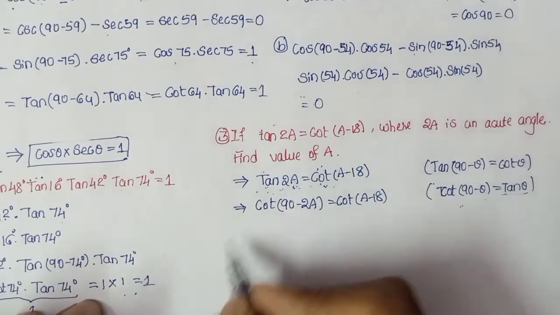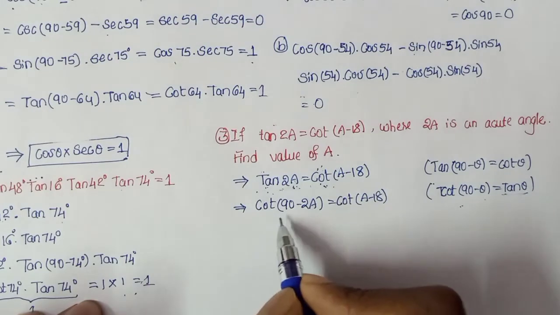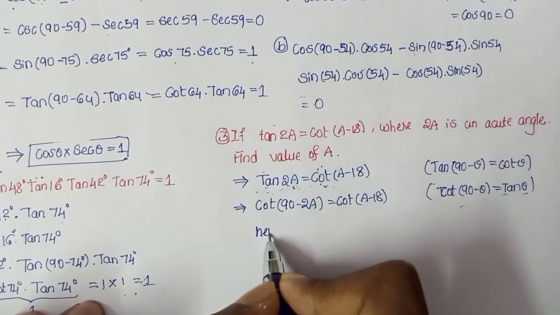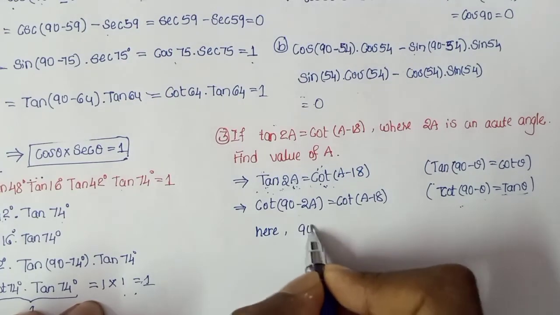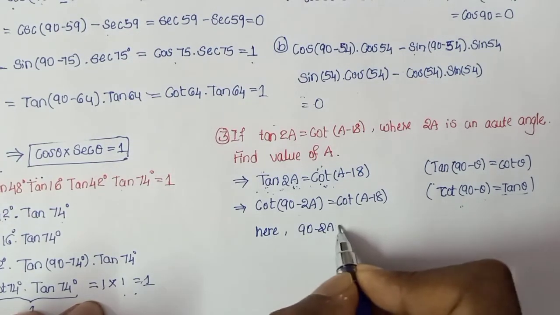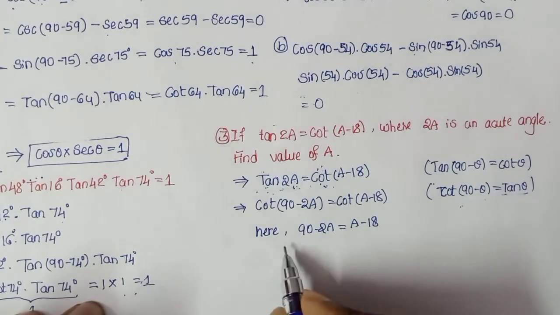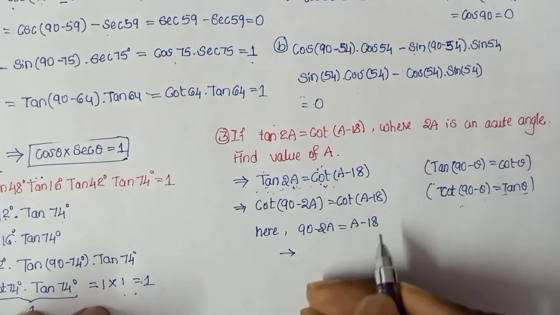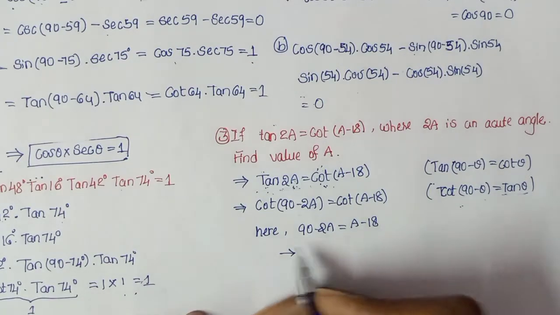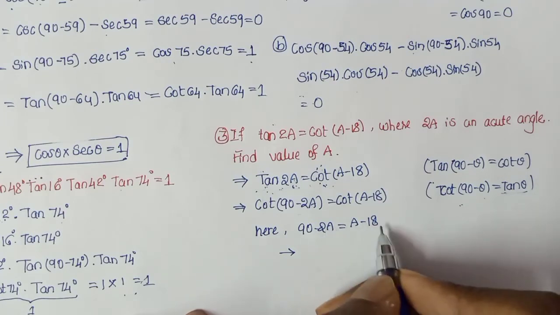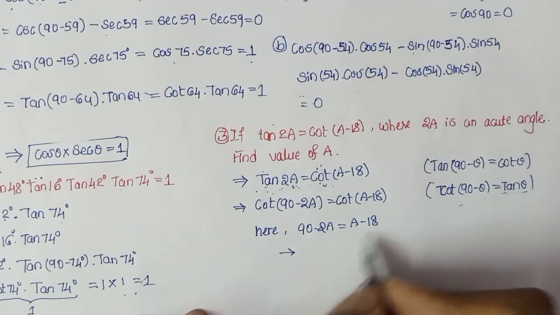Now I can cancel cot and say these two angles are the same. So angle 90 minus 2a is equal to a minus 18. From this, if you rearrange these things, you will get the answer. I am sending this 2a to that side and bringing that 18 to this side.